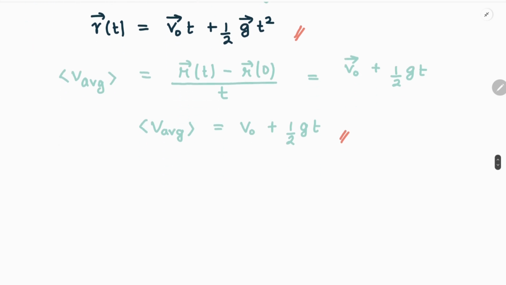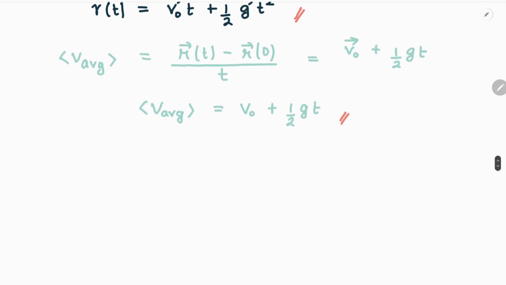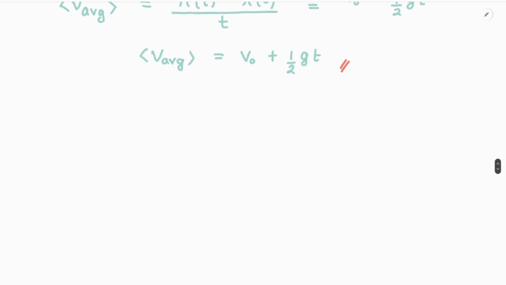Now for the third part, the problem is asking us to calculate the mean velocity vector over the total time of motion. The previous result was for the first t seconds, and now we want to discuss the total duration of motion.